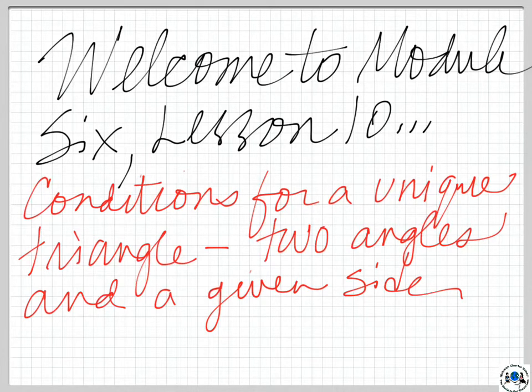As you can probably guess, similar to the lesson where we had two sides and a given angle, two angles and a given side are also going to prove to be conditions that will create a unique triangle, and of course would create identical triangles using the two angle and a given side measurement. All right, so we are going to move into this.